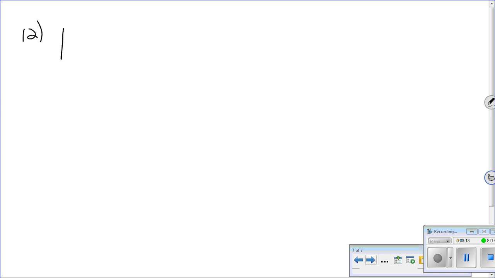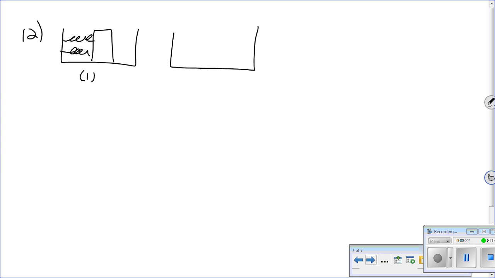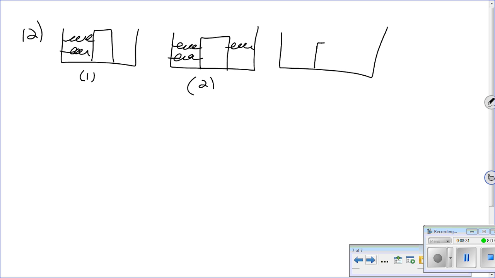So all of the springs in all of these drawings are the same. So drawing number 1 has 2 springs attached to a block. Drawing 2 is 2 springs and 1 spring. And drawing 3 has 2 springs on both sides.